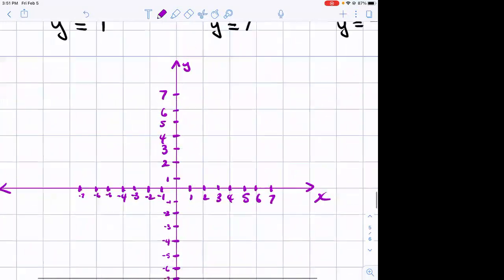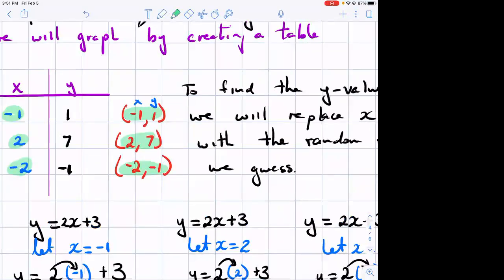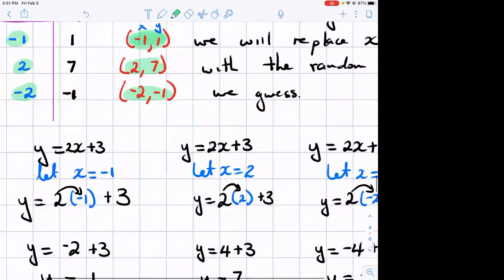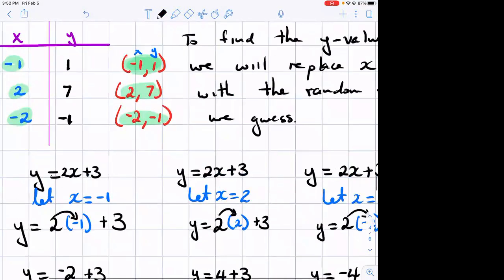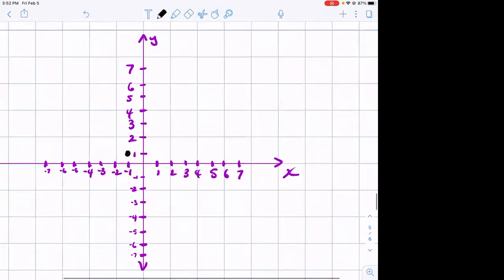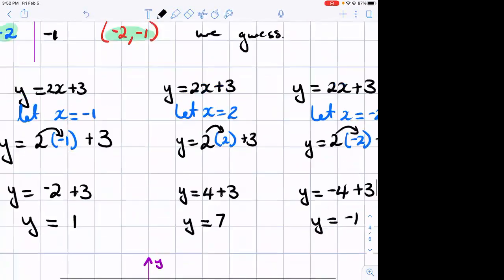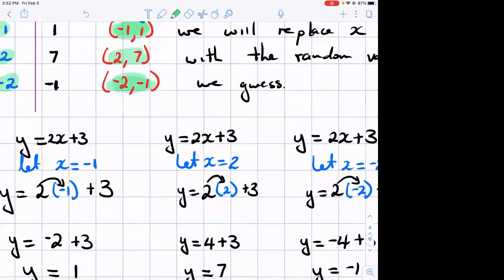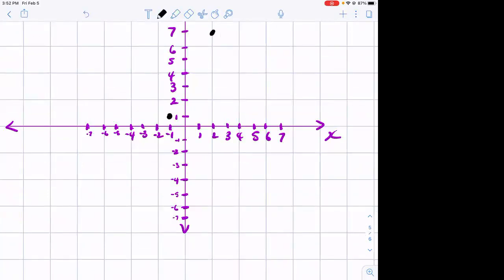So the first point we want to plot is x is -1, y is 1. So x is -1 and y is 1 would be this point here. Then the second point is x is 2, y is 7, which will be approximately here. And then the third point is x is -2, y is -1.